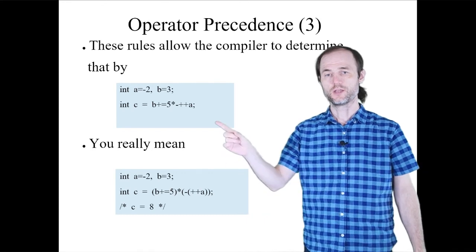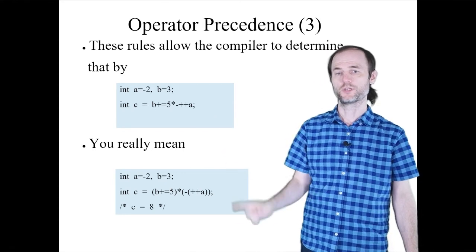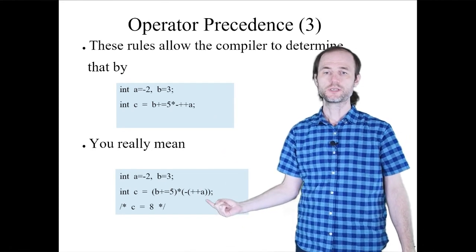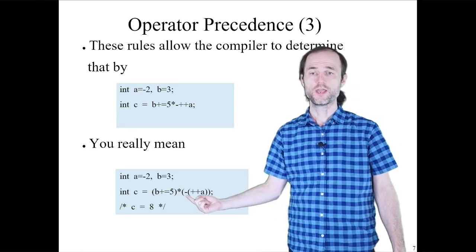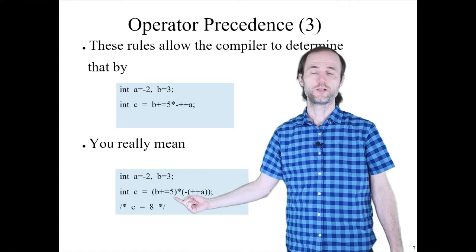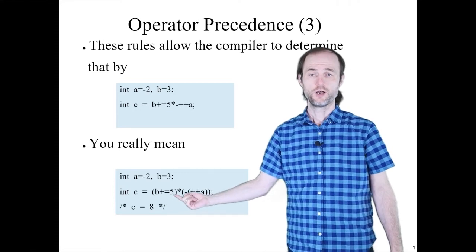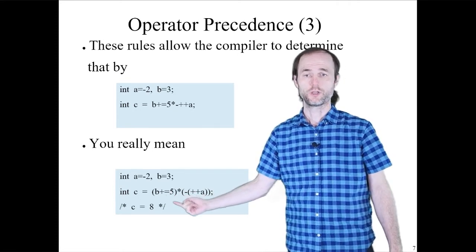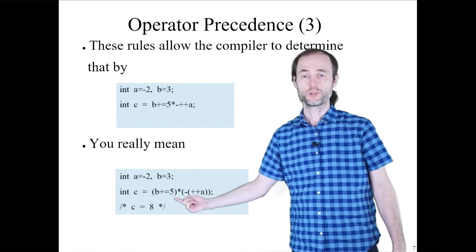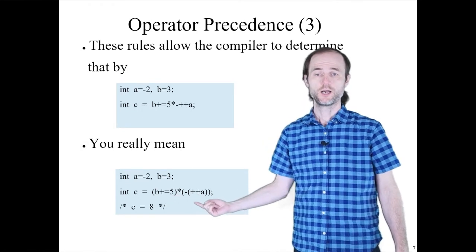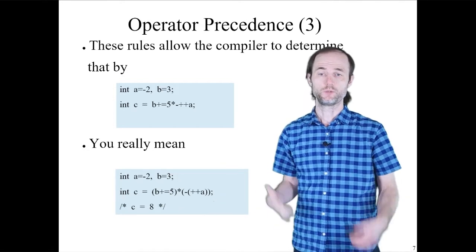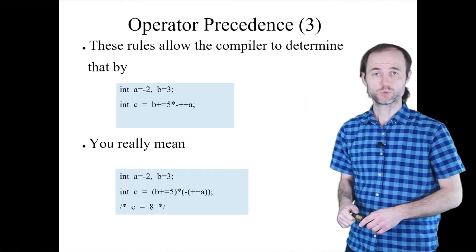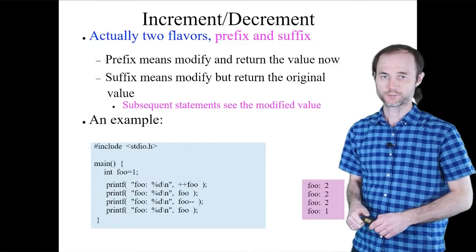And then this combination of minuses and pluses means increment a by 1 first, change the sign of a, and then multiply it by the value of b plus 5, while changing the value of b as well. So the end result will be 3 plus 5, or 8, times minus 1. And so that will be 8 times 1, or simply 8.